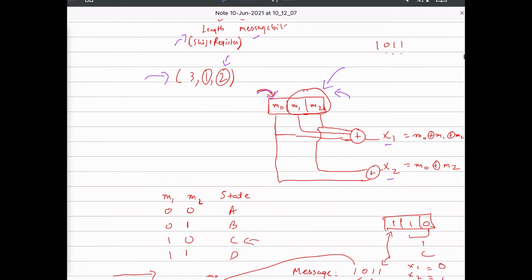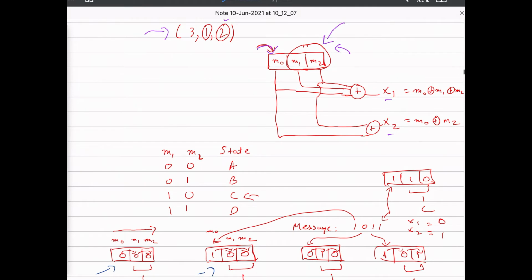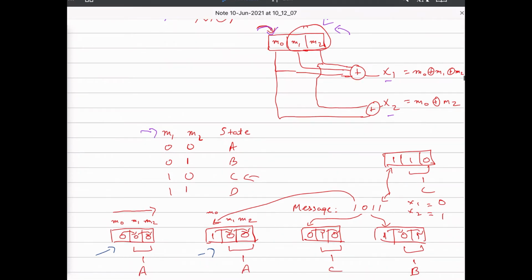Since these are 2 bits, obviously we can have 4 states. For different values of m1 m2 we have some state. So there are four combinations, and we have states a, b, c and d.